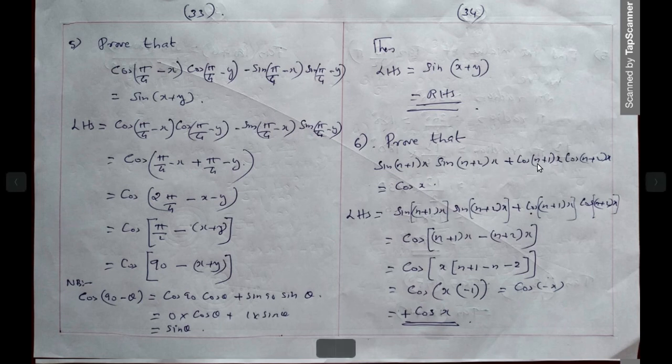Here a is (n + 1)x, b is (n + 2)x. So cos(a − b): x is taken outside, then n + 1 − (n + 2). Opening the bracket, the minus goes inside, minus n and minus 2. So cos x times: n and n cancel, plus 1 and minus 2 gives minus 1. So cos(−x), and cos(−x) is equal to cos x.